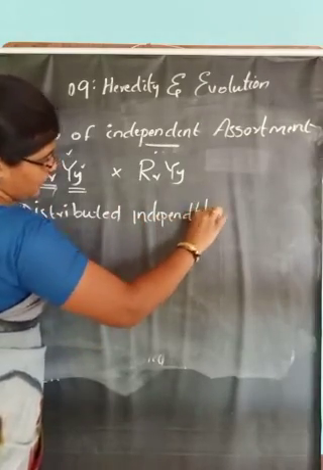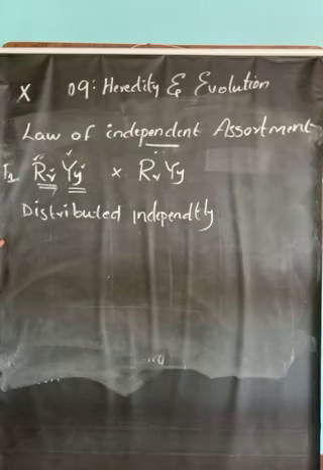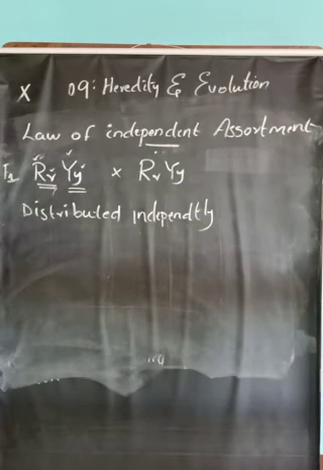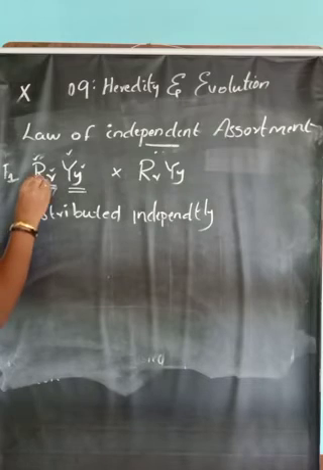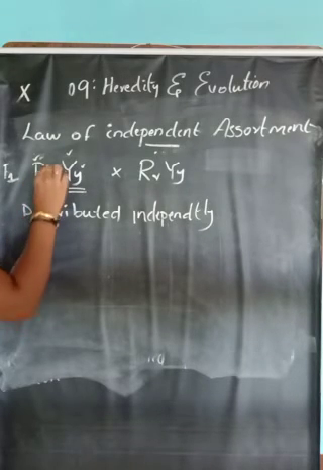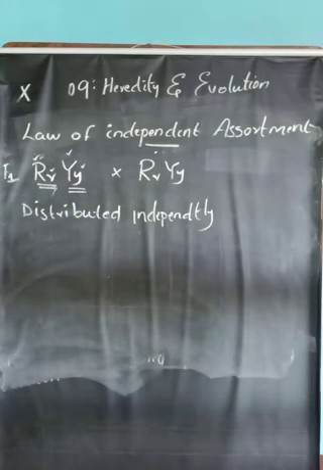So what does it mean? The capital R may distribute independently of the small r. The gene pairs distribute out or assort out independently of the other pair. That is called the law of independent assortment.